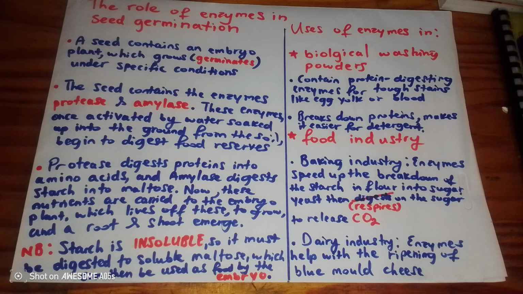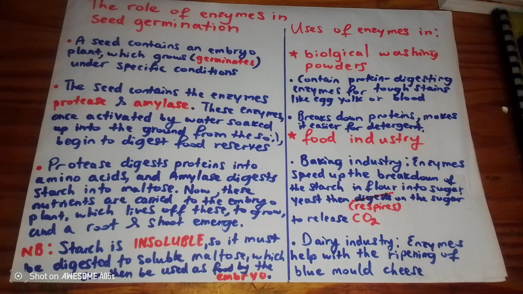I'll be making another video on respiration itself as a whole, so we can see the differences. But yes, yeast respires. This much we know because we always add the yeast to the flour, or I mean the dough, to rise. That's why what causes the dough to rise are actually enzymes which have broken down the starch in the flour.